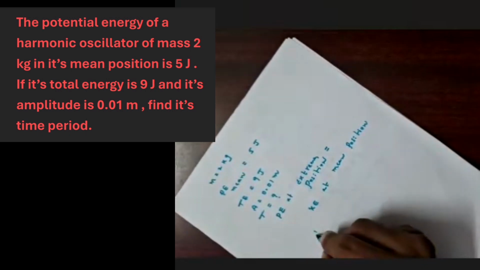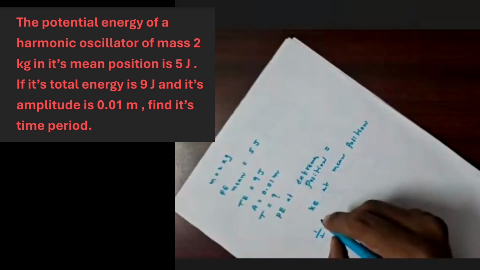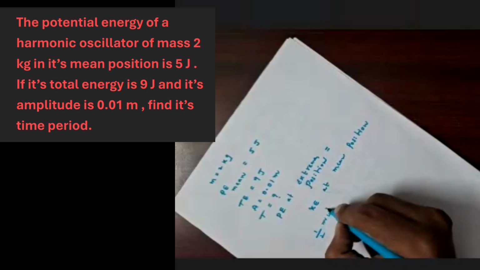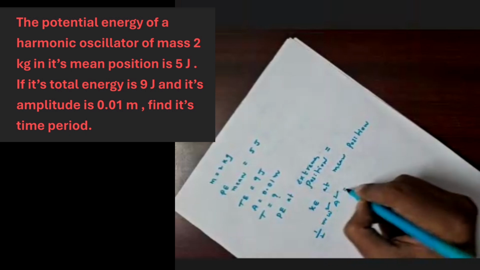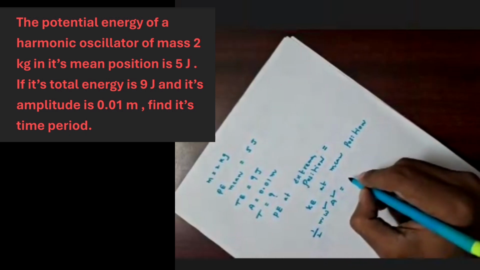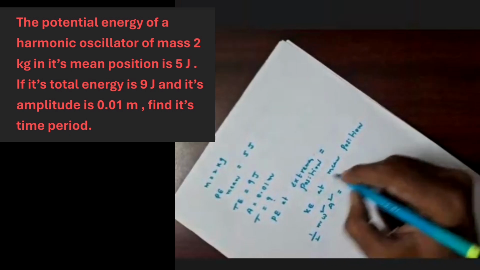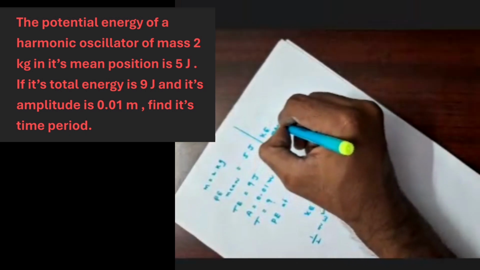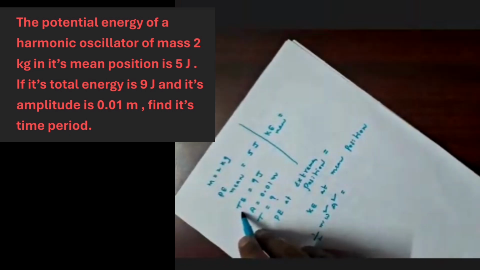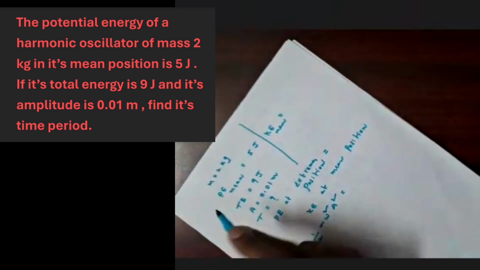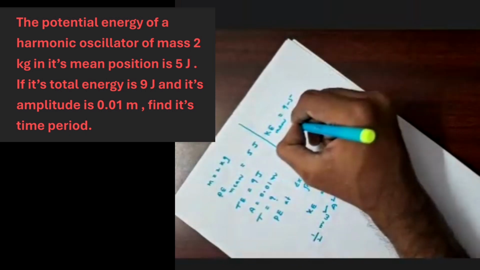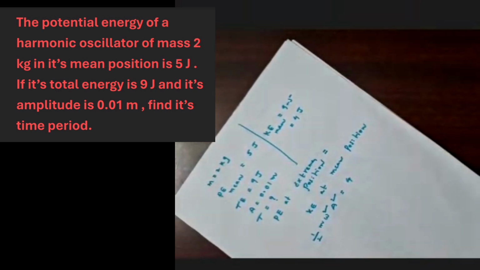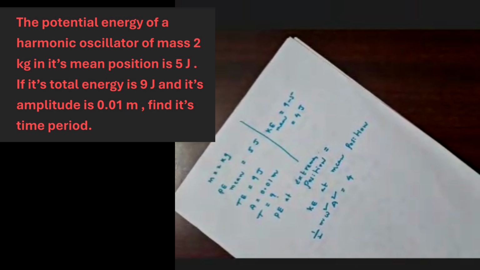Potential energy at extreme position is half m omega square a square. What is the kinetic energy at mean position? From the total energy I subtract the potential energy, so 9 minus 5 gives 4 joules. Kinetic energy at mean position is 4.